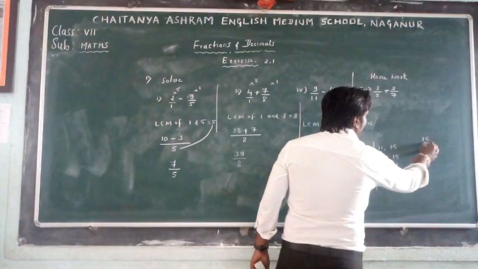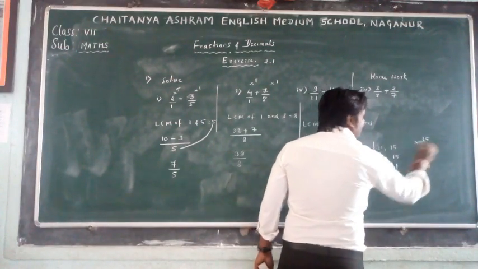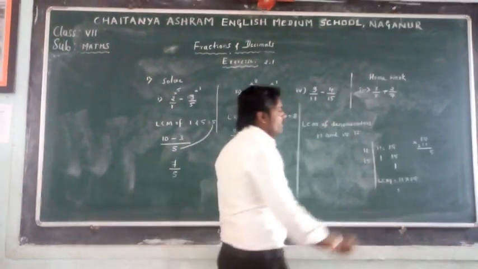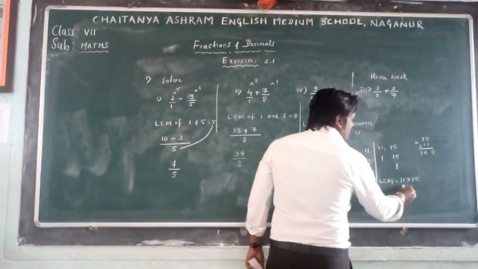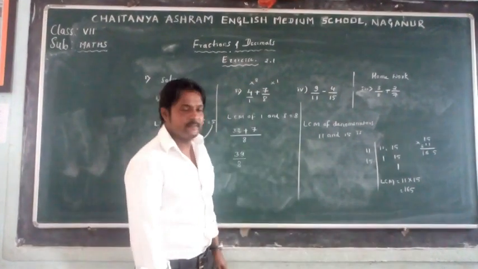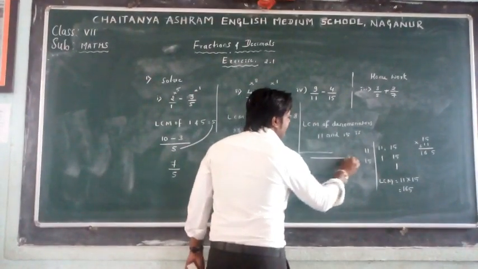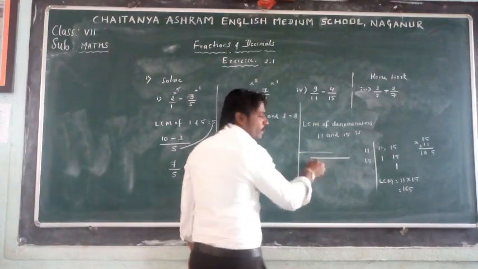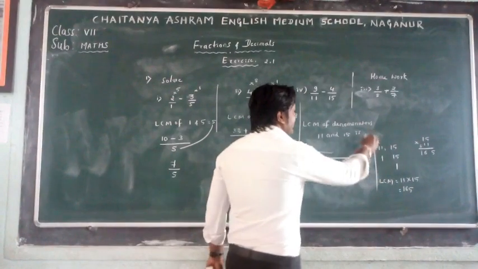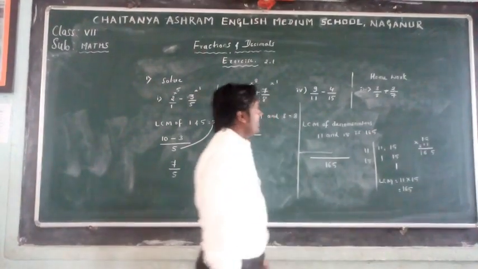So the LCM of 11 and 15 is how much? Yes, multiply 15 and 11. 11 fives are 55, 11 ones are 11. 11 plus 5, 16. So what is the LCM? 165. So make a fraction. In its denominator we should write the LCM, 165.